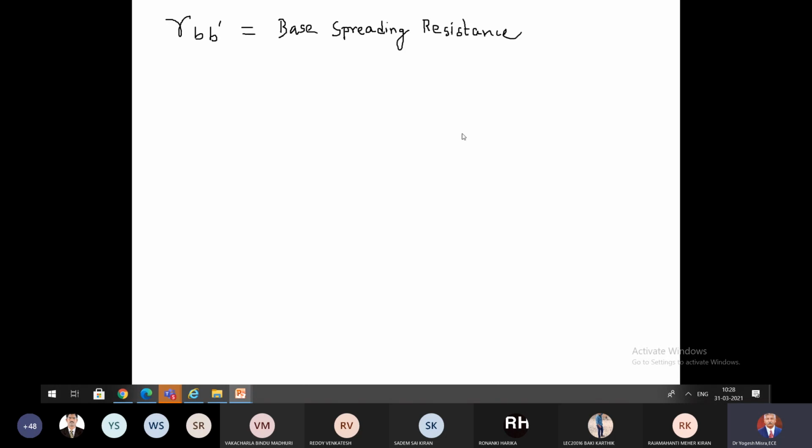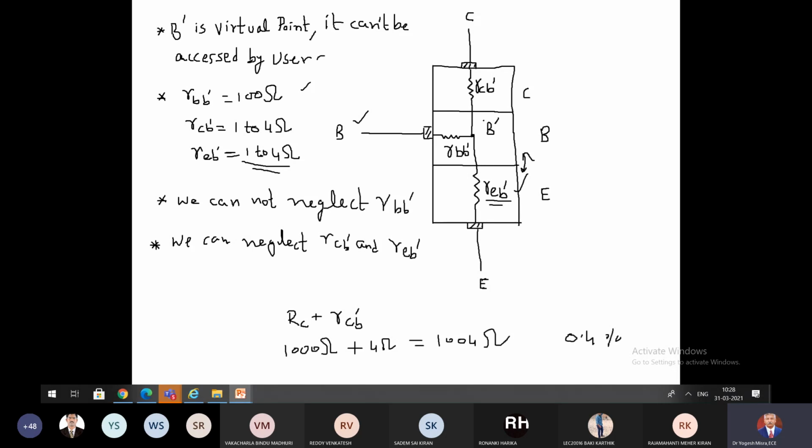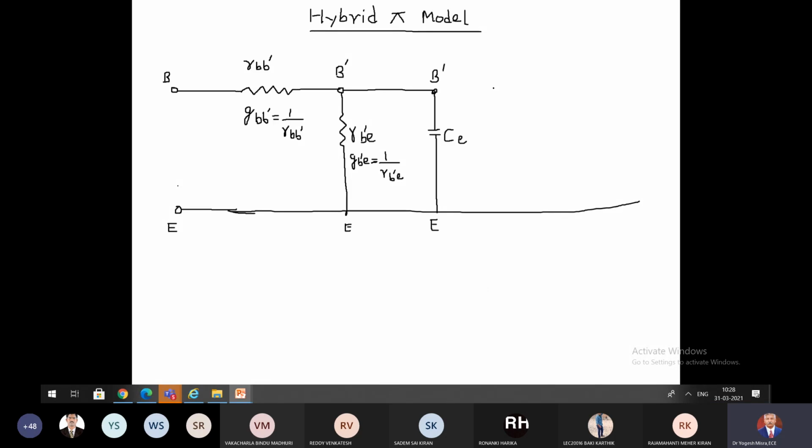Now you see here in this diagram, between B dash and C, there is a resistance RCB dash. It is between B dash and C. B dash is this point.